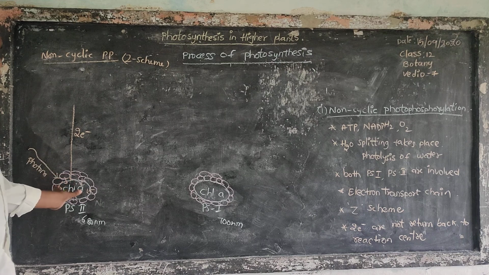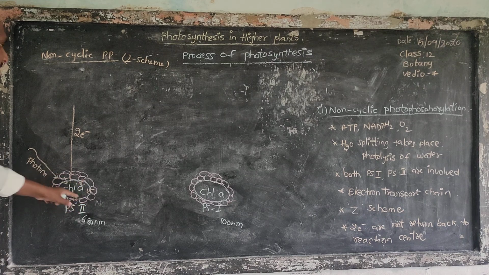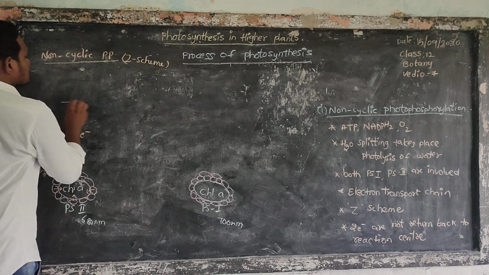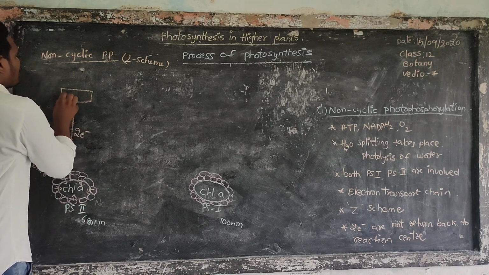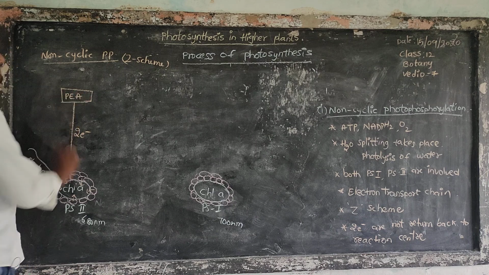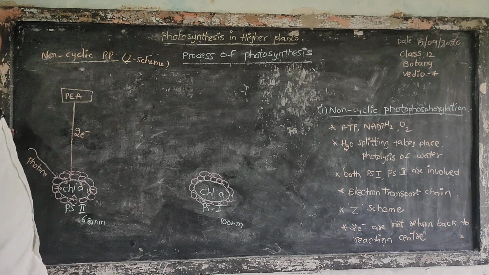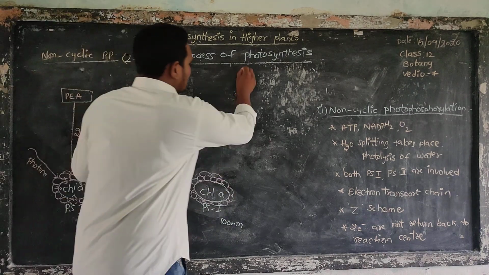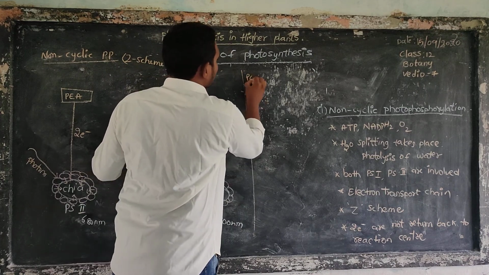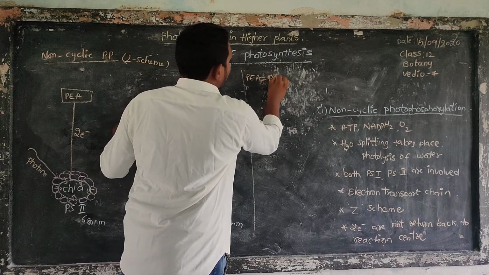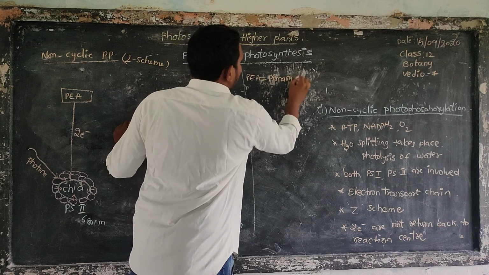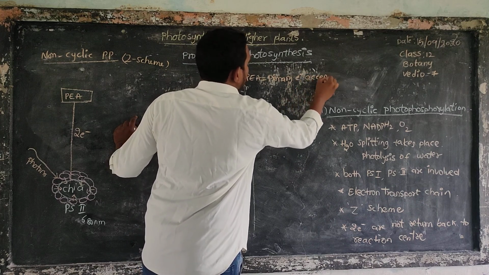That energy finally reaches the reaction center chlorophyll A, and this pair of electrons is received by the primary electron acceptor. Here PEA is the primary electron acceptor.